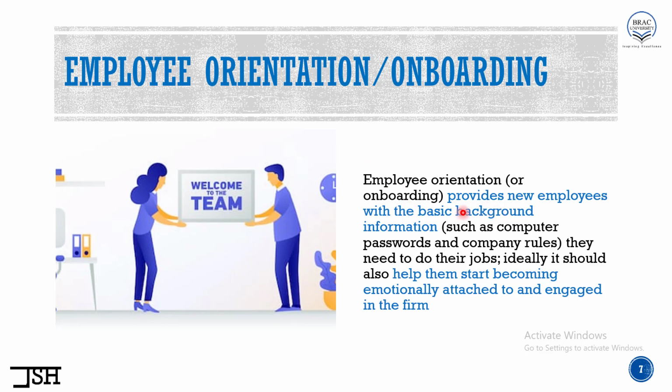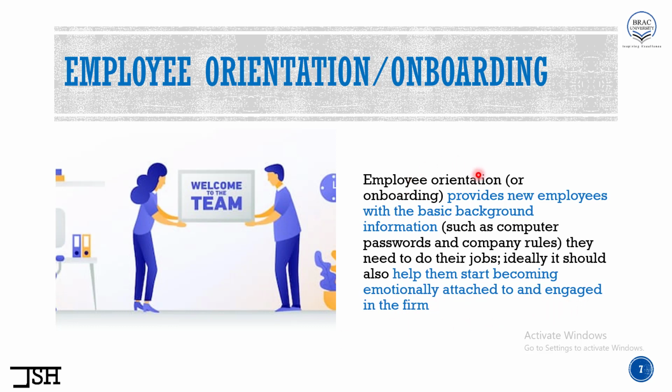Employee orientation or onboarding provides new employees with the basic background information, such as computer passwords and company rules. And also, ideally, the orientation program should help them start becoming emotionally attached to and engaged in the firm.